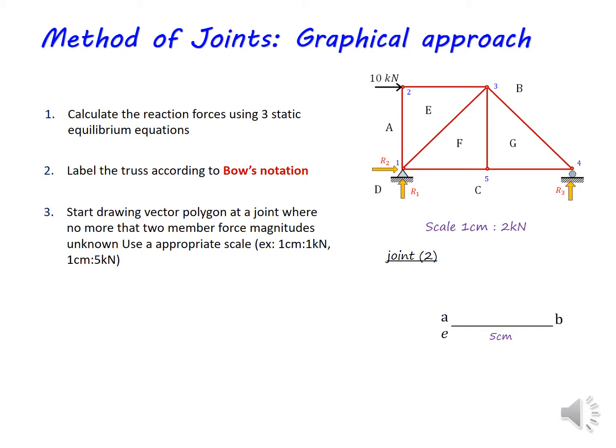Okay, what can we get from this vector polygon diagram? We can get the magnitude and the direction of the forces acting at joint 2.